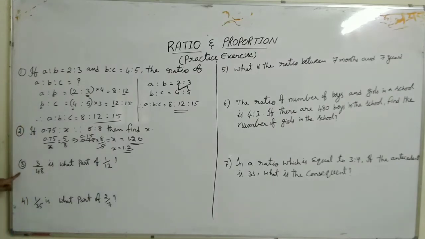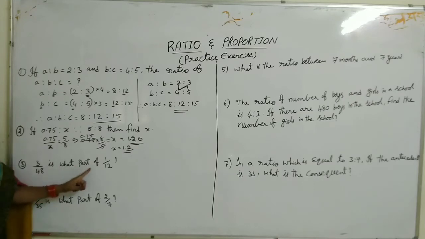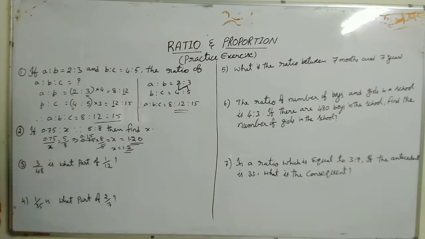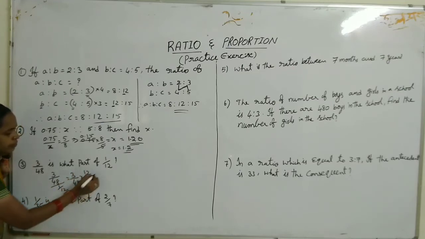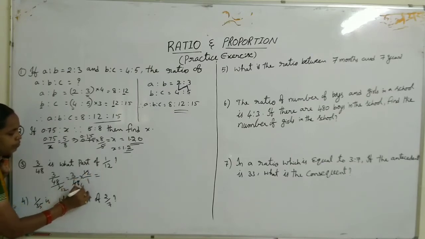Next. Question number 3. 3 by 48 is what part of 1 by 12? That is 3 by 48 divided by 1 by 12, which equals 3 by 48 into 12. 12 ones, 12 fours.